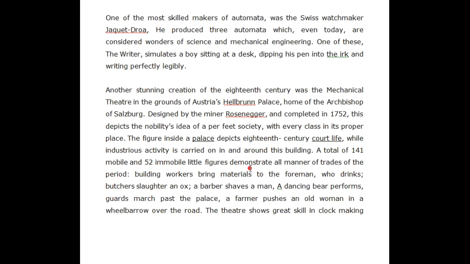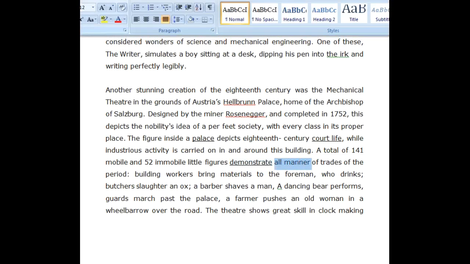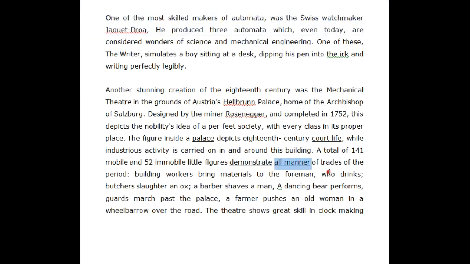So how many keywords are there? See, "represent", "demonstrated" is given for that. For "various", "all manner" is given. So you can see how close the keywords are. Trades is the answer, because for "various", "all manner" is given, and in place of "of life", "of the period" is given.